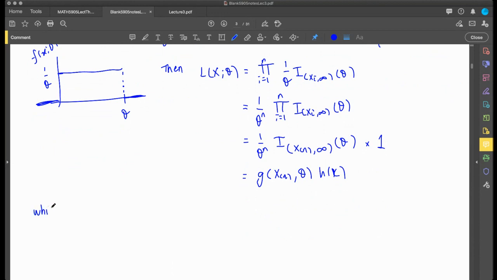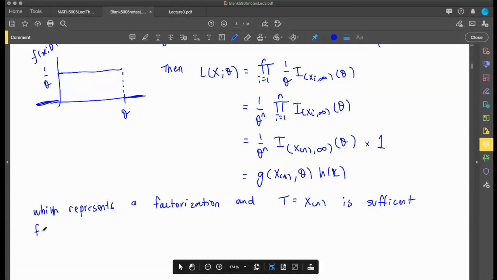Okay. So again, what we've been doing, this likelihood represents a factorization, right? That's what we're doing. And so the statistic T, which equals the nth order statistic, the largest of my samples, must be sufficient for theta.